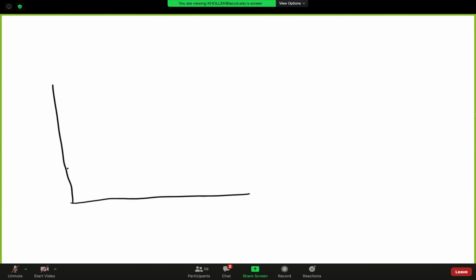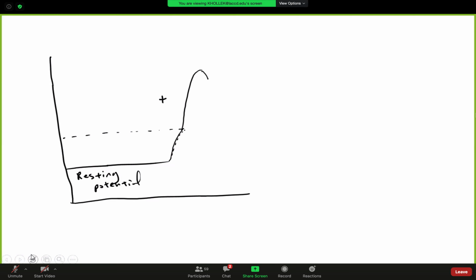So we discussed resting potential, and again, if you get to the threshold, then it fires. Action potential is going to go. And then that would be the depolarization we discussed. As you're coming down, maybe I could use a different color.